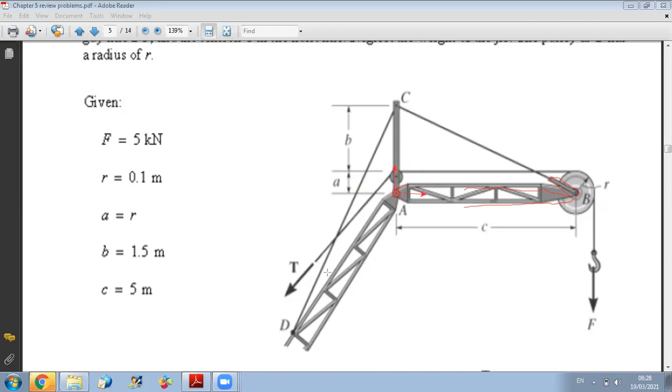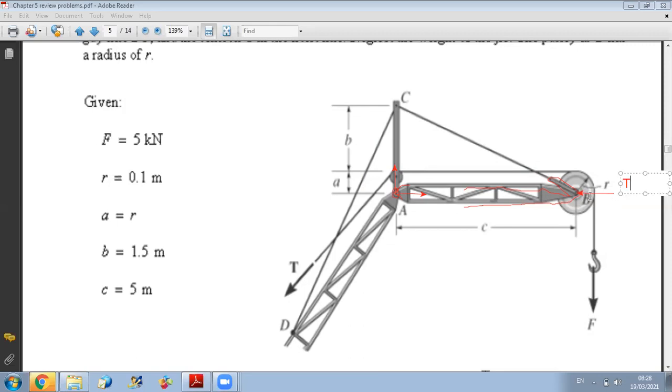And T here is not in direct contact with the system. If you look at T, it's in this cable, and this cable is in contact with the pulley. So the action of T will be taken into account through the contact with B. And we have calculated together that from contact with B, by action reaction, this force is equal in magnitude to T. Didn't we find that Bx equals T?